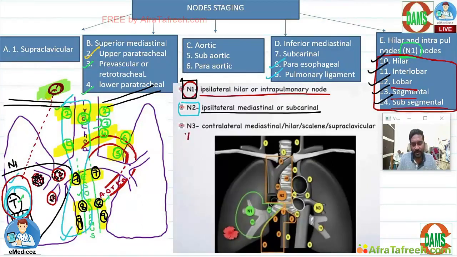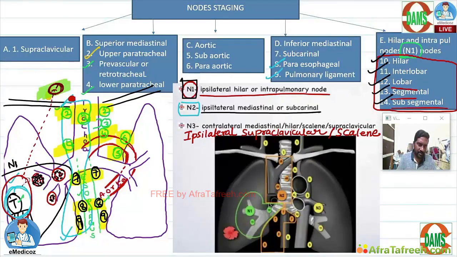So N3 includes ipsilateral supraclavicular, and also near the trachea you have another group which also is seen above the clavicle, that is called scalene lymph node. So ipsilateral scalene or supraclavicular involvement.